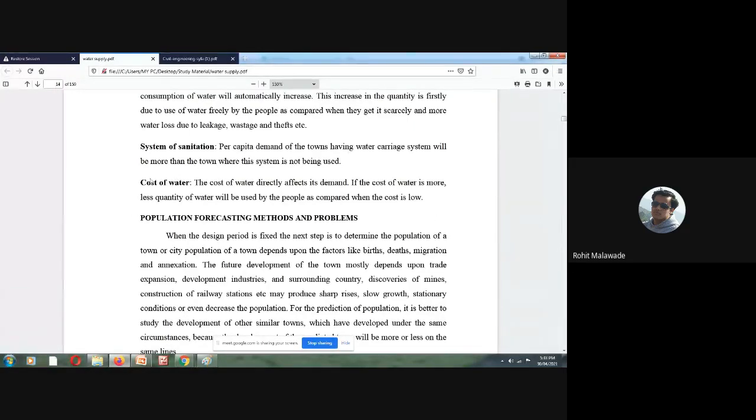Okay. Now, cost of water. If you are going to pay more tax, or if your water is going to be metered, you are going to use the water wisely. You don't waste the water. If your water is metered, or if more tax is implemented on your water consumption, what will happen to the water consumption?